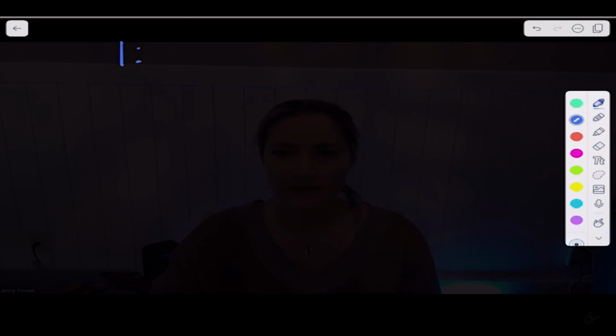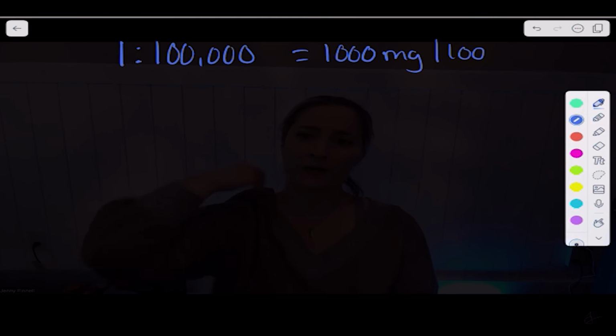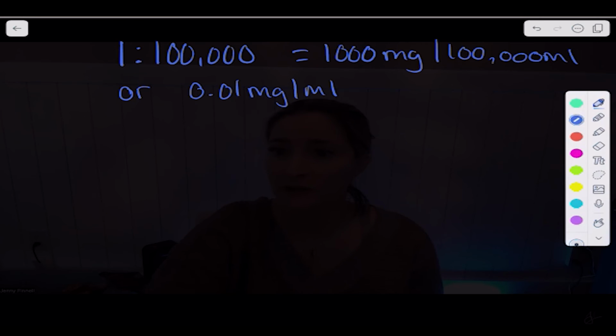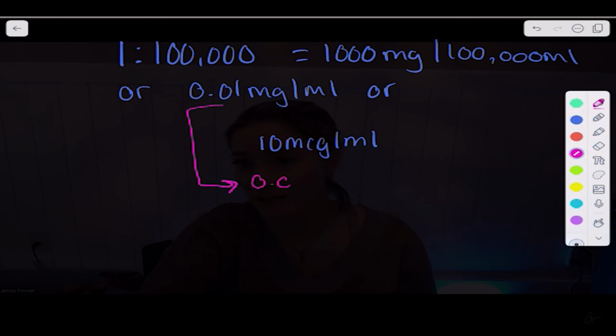Okay, but we're going to practice one more problem just to drive this home. So now let's say you have 1 to 100,000, or equivalent to saying 1,000 milligrams in 100,000 mLs. This equals 0.01 milligrams per ml, or 10 mics per ml.